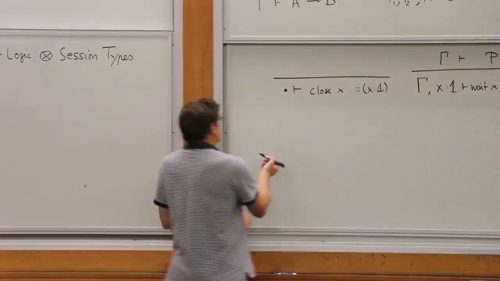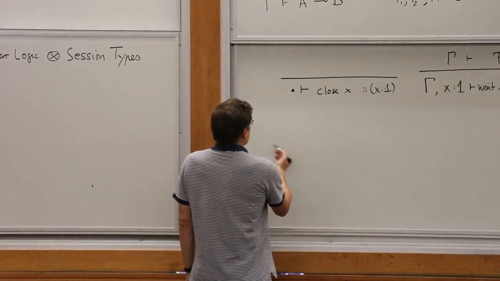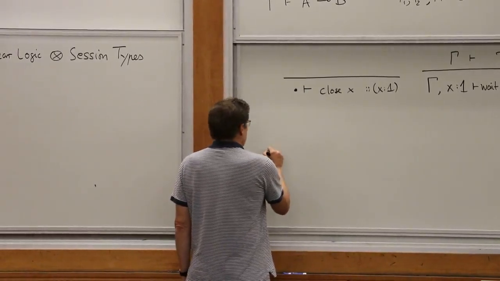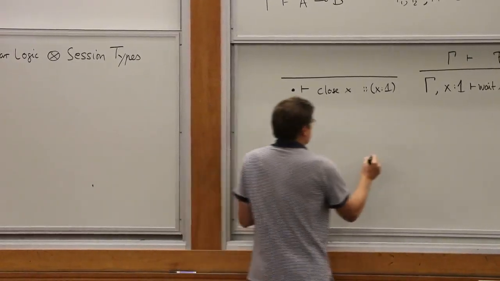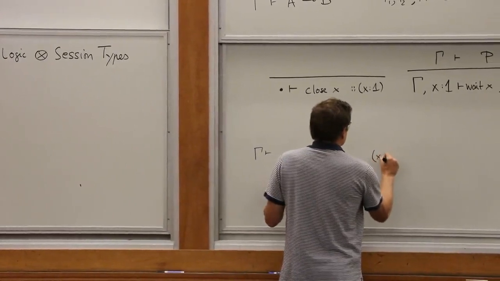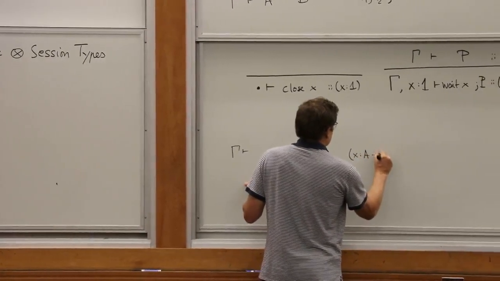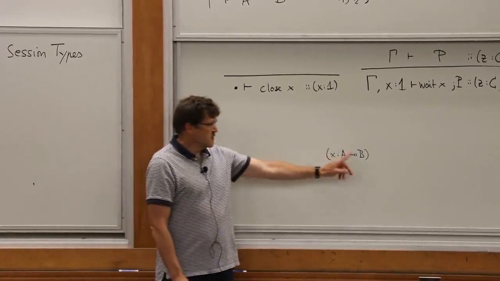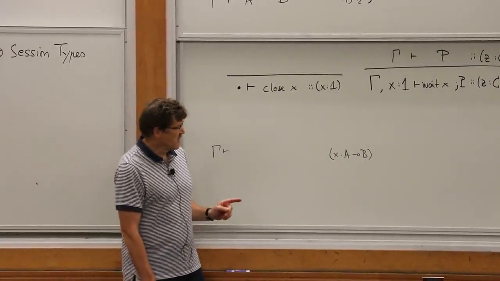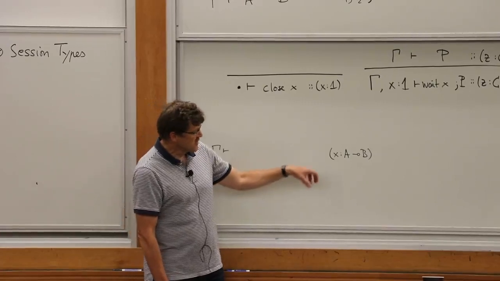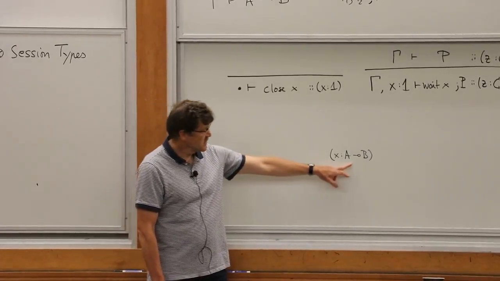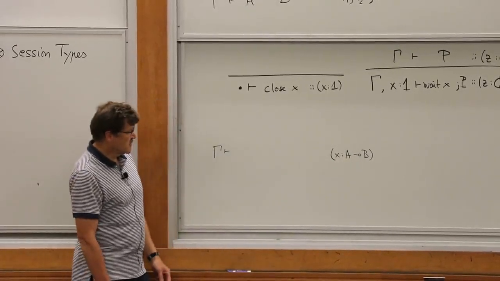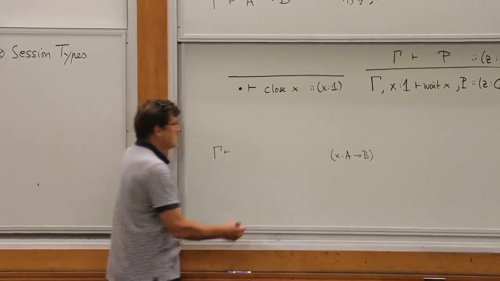We have gamma proves, and here we have a channel X of type A. So this means A linearly implies B, but it's often pronounced A lolly B because it's a lollipop on the side. So A lolly B or A linearly implies B.